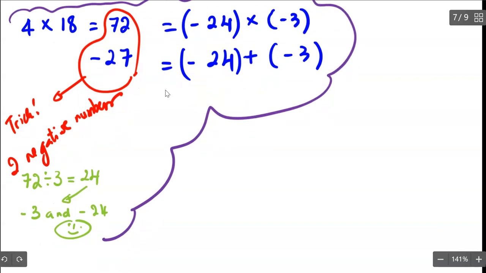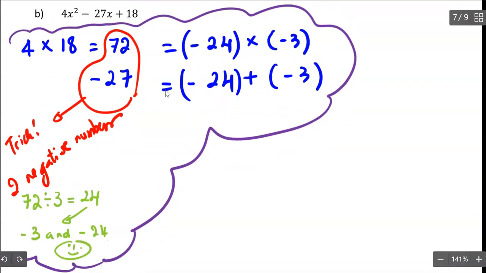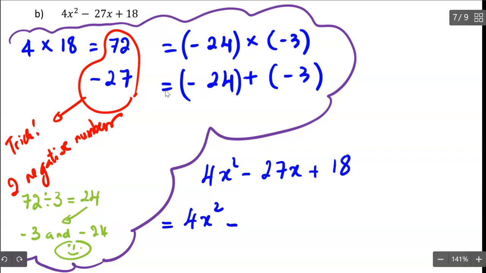What we are going to do next is rewrite our expression for 4x squared minus 27x plus 18. We write 4x squared minus 24x minus 3x plus 18.